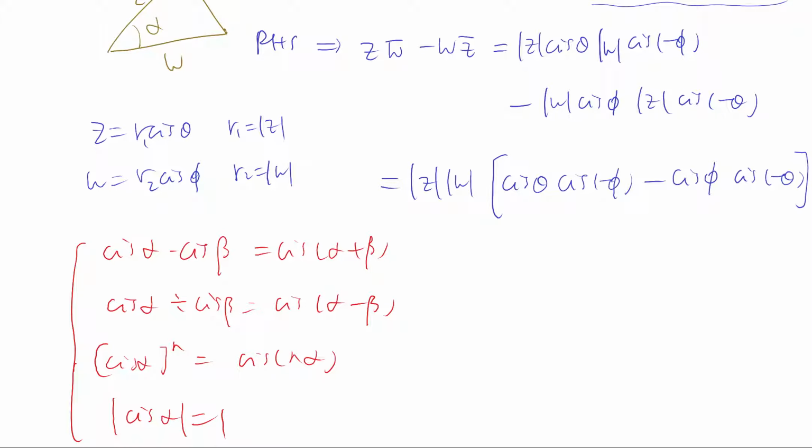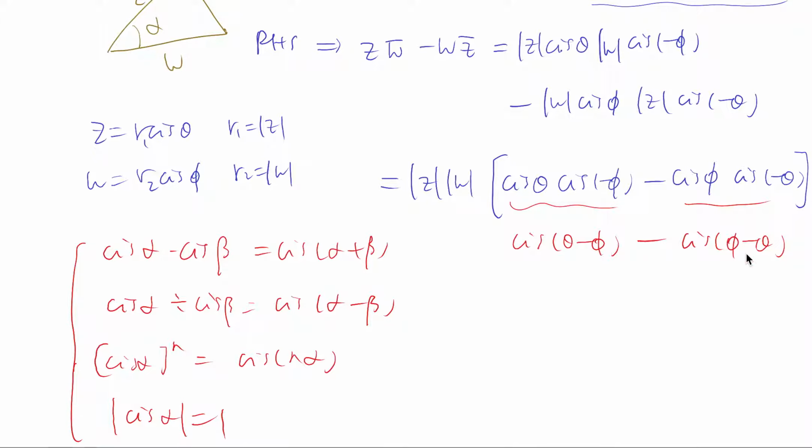So cis theta multiplied by cis negative phi is cis (theta minus phi). And cis phi multiplied by cis minus theta is cis (phi minus theta). So multiplication is addition.